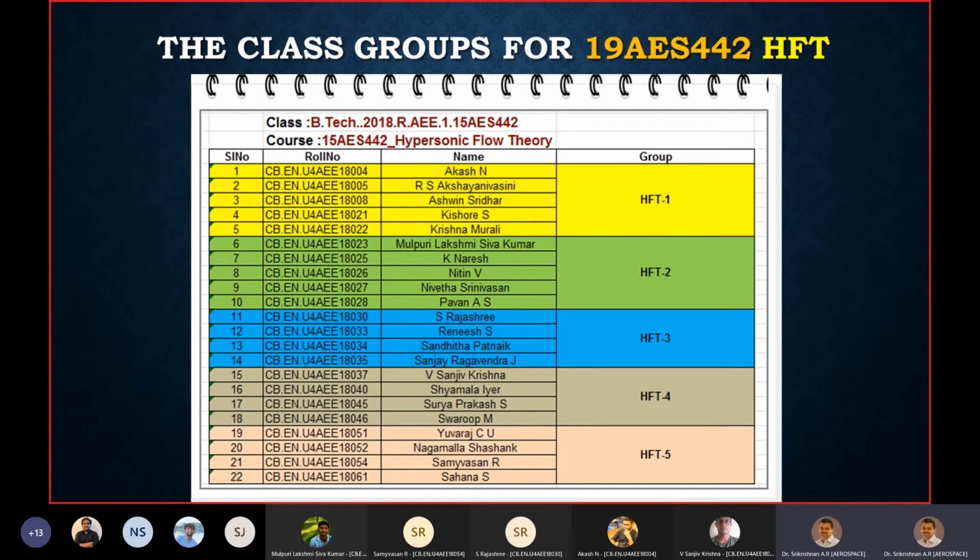Just present what you understand by Mach number, what you understand by Reynolds number, and what the importance of each is. Let that be in the next class. It doesn't take much time, because there is no new physics; it's all things that you know, Reynolds number and Mach number. So let that be the first task for team 1, HFT1.